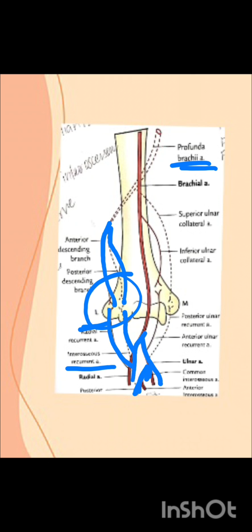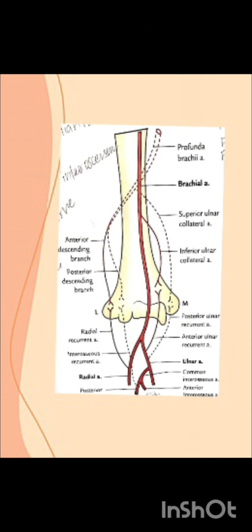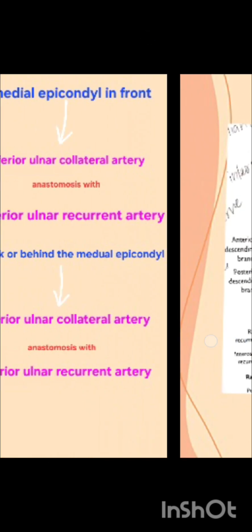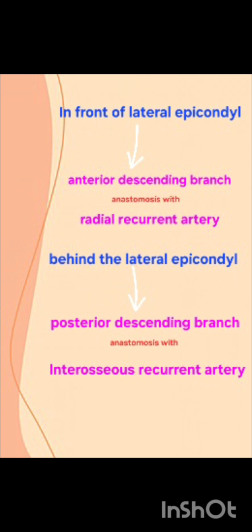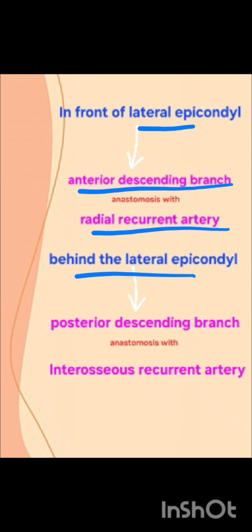So, these are the anastomosis taking place around the elbow joint. See, in the lateral epicondyle, in front, anterior descending branch anastomoses with the radial recurrent artery. And behind, at the back, posterior descending branch anastomoses with the interosseous recurrent artery.